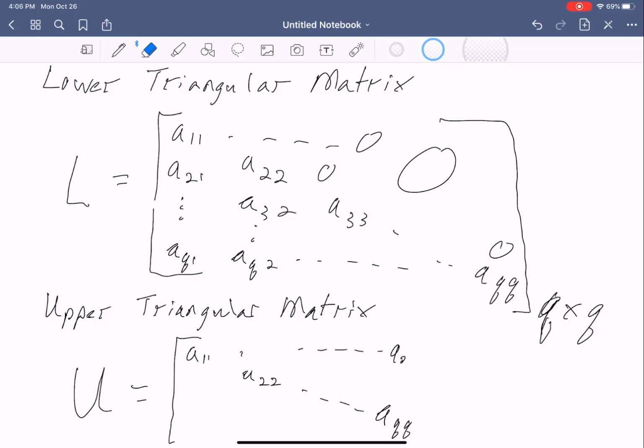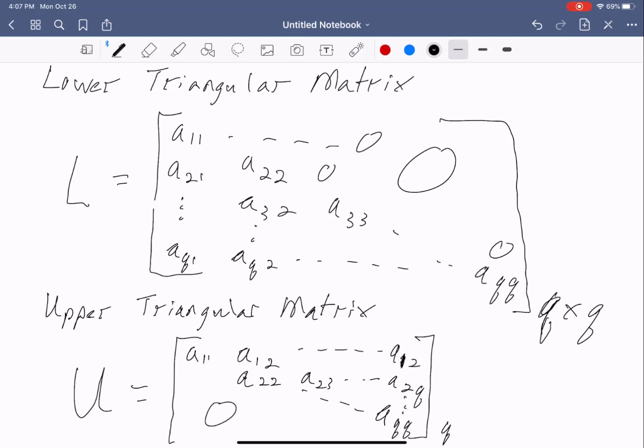This should not be A21, this should be A12, and this is A1Q. We have A22, A23, all the way out to A2Q, and so on down. And all of these are zeros on that side. And again, it's a Q by Q square matrix.